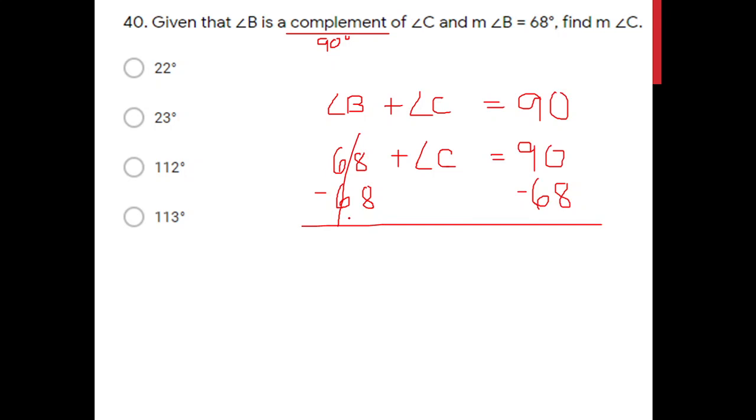So this will cancel out. This will be equal to 0. I'll bring down angle C. So 90 minus 68 will be equal to 22. Therefore, the measure of angle C is equal to 22 degrees. So 22 plus 68 is equal to 90.